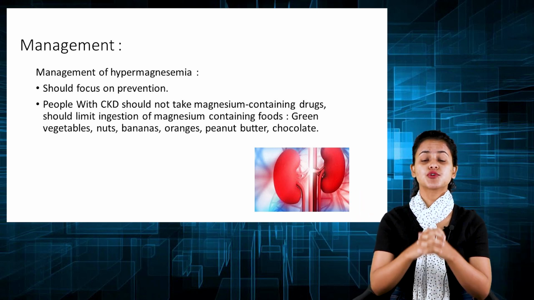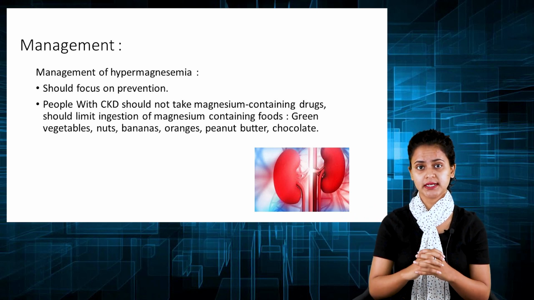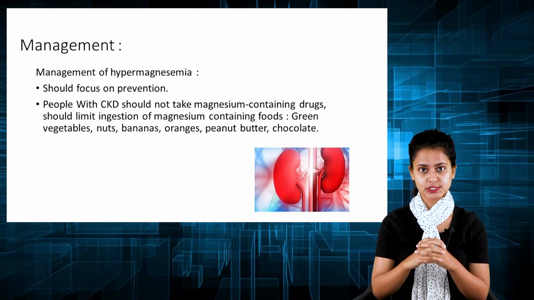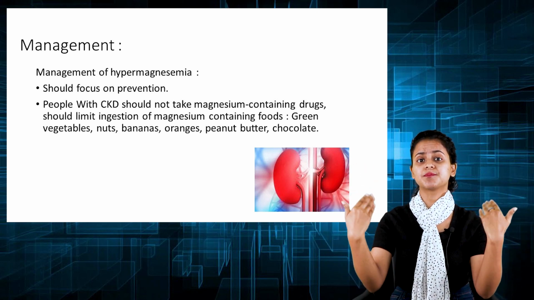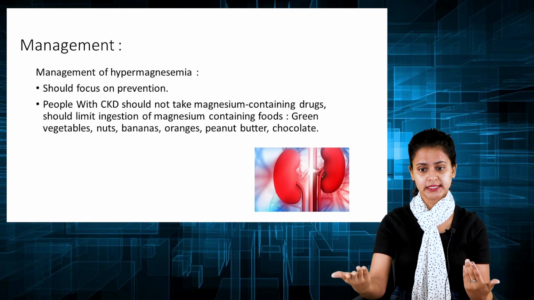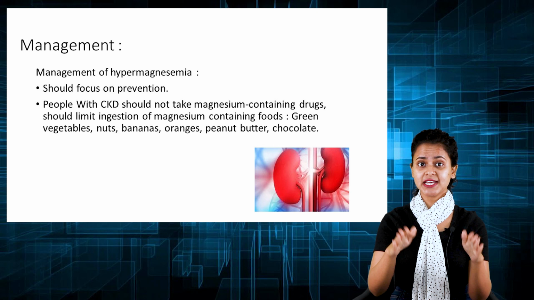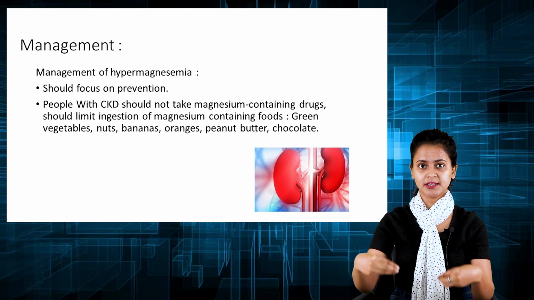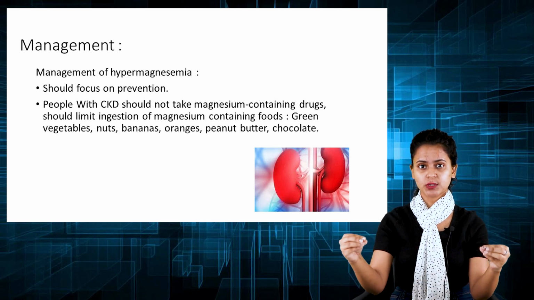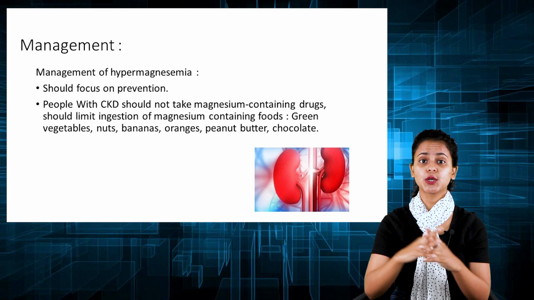So we are going to advise the client with a history of chronic kidney disease or diabetic ketoacidosis to reduce magnesium-containing food intake. We will also check whether any prescribed medication contains magnesium. Both drugs and dietary intake containing magnesium should be lowered.